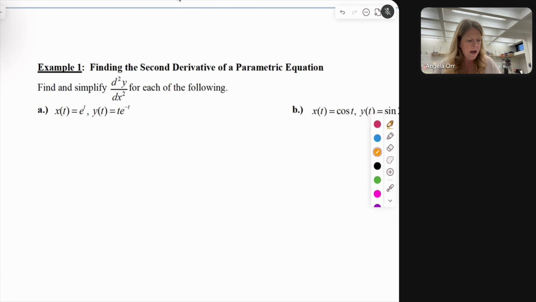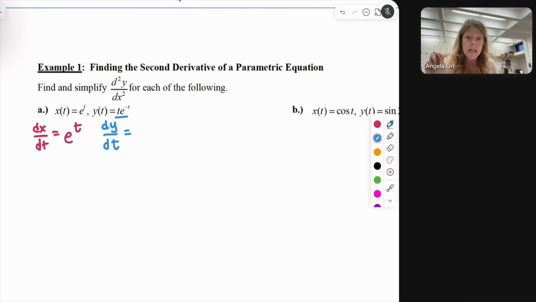So let me go ahead and in red here, I'm going to find dx/dt. And dx/dt, well, the derivative of e^t is itself, so that would be e^t. And then dy/dt, I'll do that in blue here, I need to apply the product rule because I have the product of two different functions.